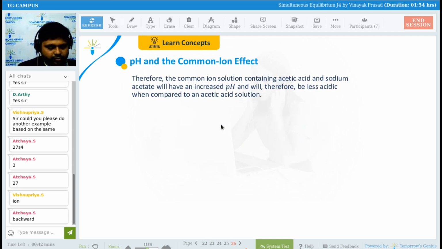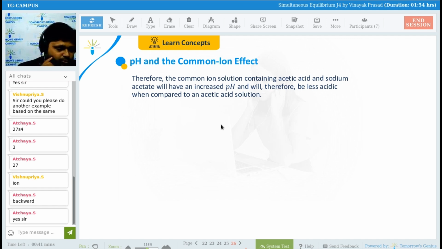See here. So we have taken one example from this common ion effect. Guys, tell me who has understood these things very clearly. Atachaya, have you understood these things or not? Please tell me. Is anyone having any problem? Vishnu Priya, have you got this? What is this common ion effect?